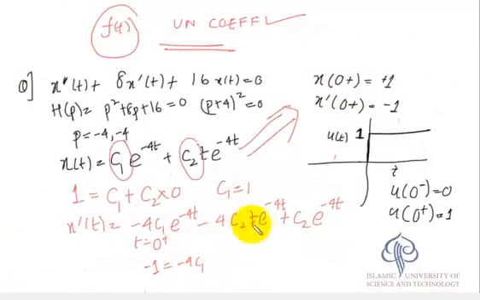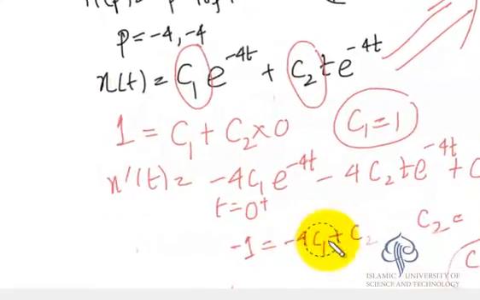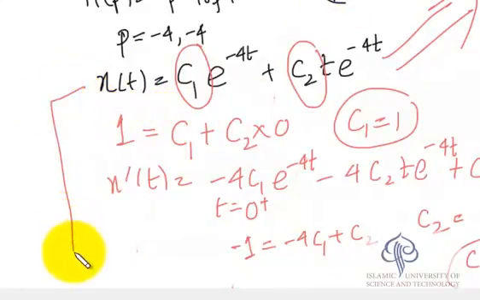This is going to be 0 because there's a t here, plus c2. c1 is already 1, so c2 will be minus 1 plus 4c1, that is minus 1 plus 4, that is 3. So c2 is 3. So the solution is, let me use a different color.